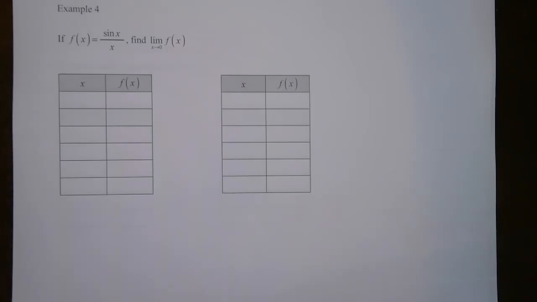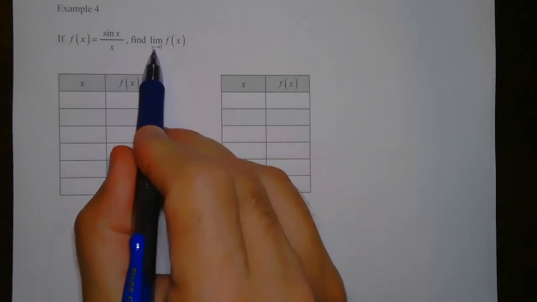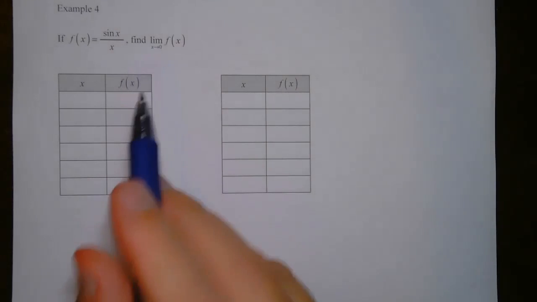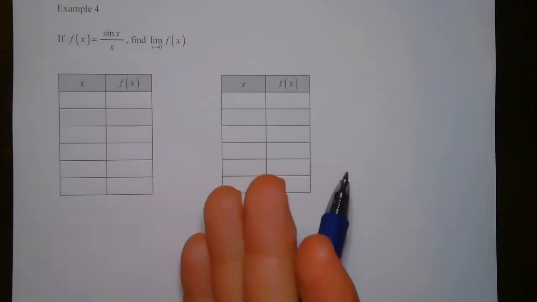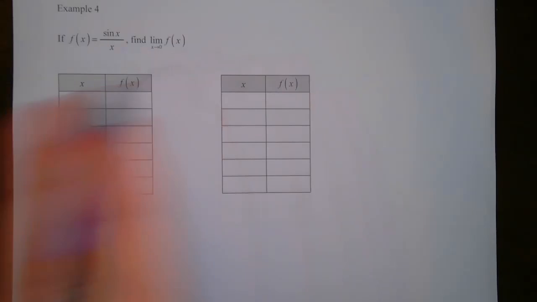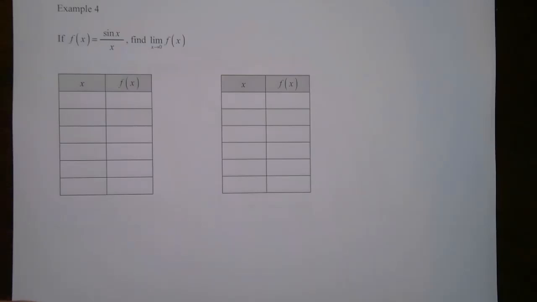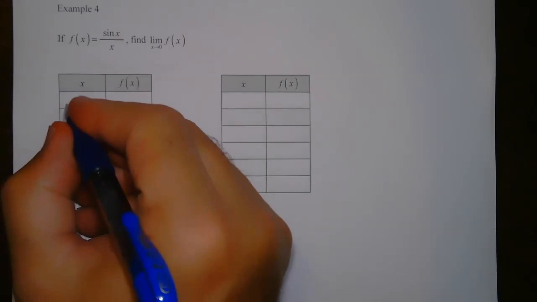So for this problem, we're going to type in y equals sine x over x, okay? And then what we want to do is find the limit as x approaches 0. So we want to get closer to 0. If we want to approach 0, I would subtract 0.5 from this value to get on the left-hand side. So 0 minus 0.5 would be negative 0.5.